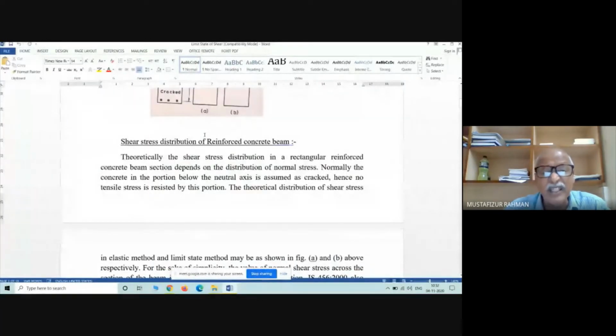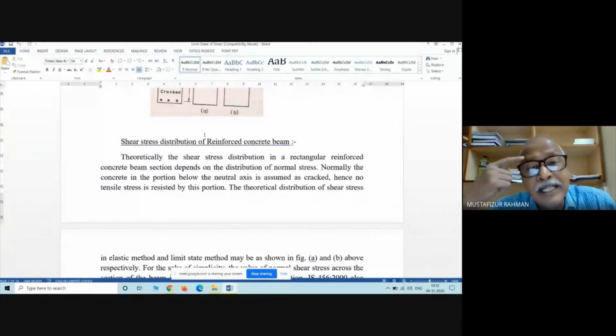Now see, the shear stress distribution of a reinforced concrete beam. Theoretically, the shear stress distribution in a rectangular reinforced concrete beam section depends on the distribution of normal stress. Normally, the concrete in the portion below the neutral axis is assumed as cracked. Hence, no tensile stress is resisted by this portion.